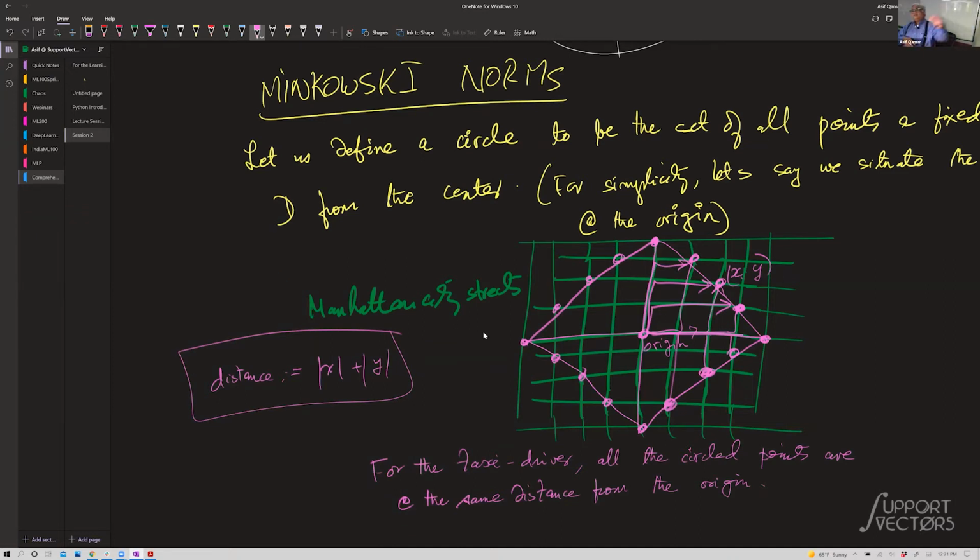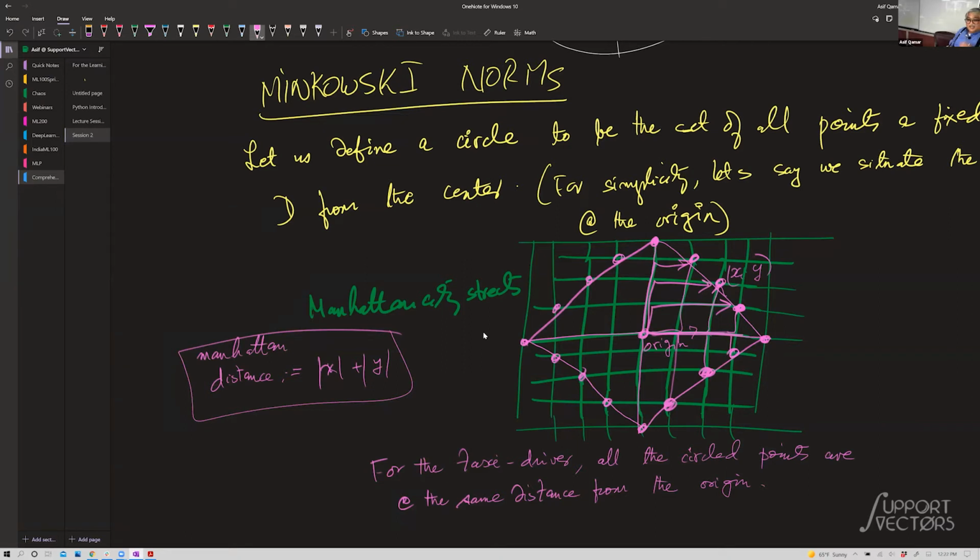It doesn't matter positive direction, negative direction, along the x-axis, whatever distance you have gone, it is the magnitude. Likewise, how much up or down you have gone, it doesn't matter whether you went up or down, it is the absolute magnitude. So this is the definition.